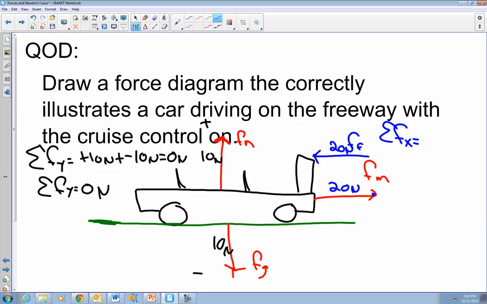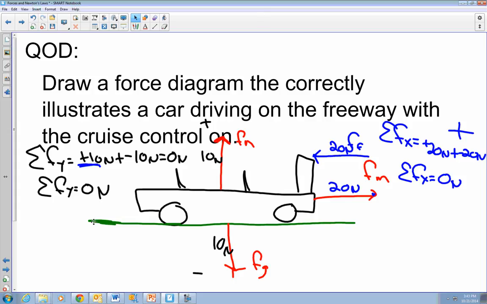I like to call forward the positive and backwards the negative. And if we take a look at that and I add them up, I would have positive 20 newtons from my motor plus a negative 20 newtons from my frictional force, or wind resistance and friction of the ground, giving me a total of 0 newtons.